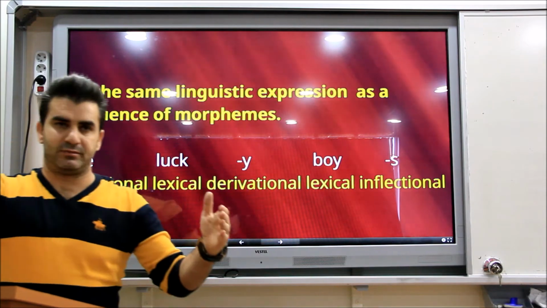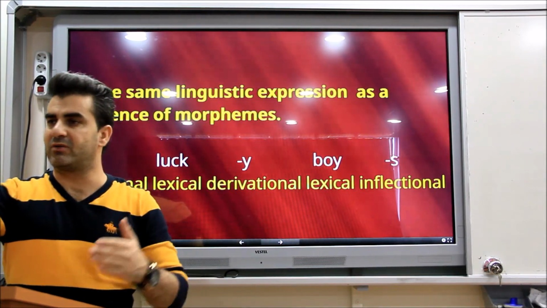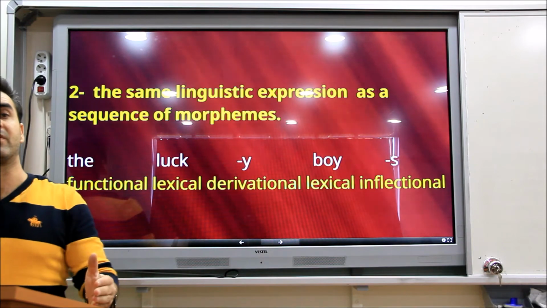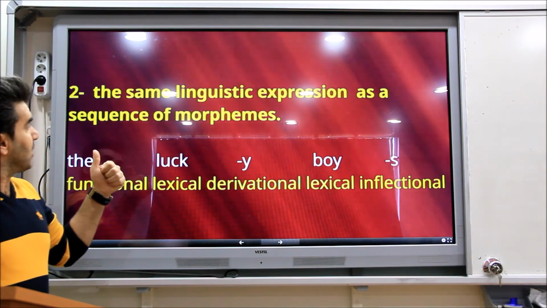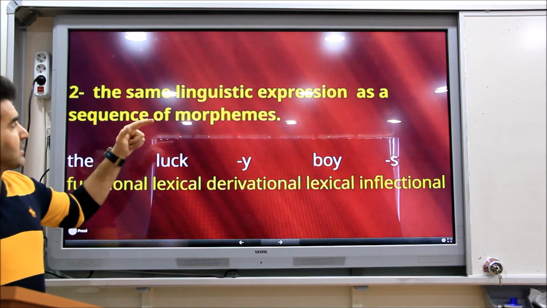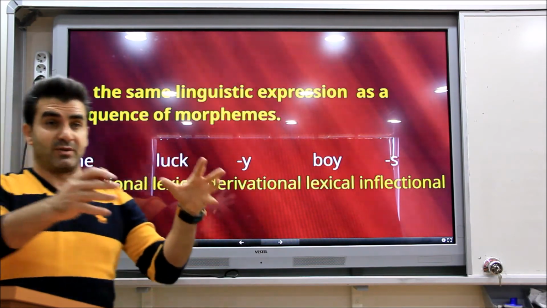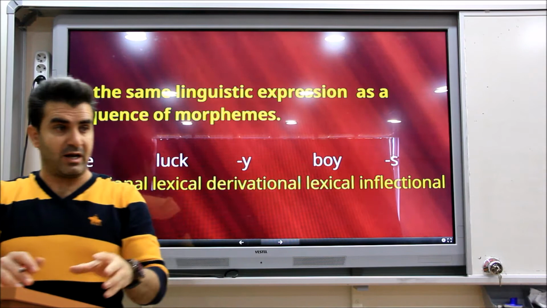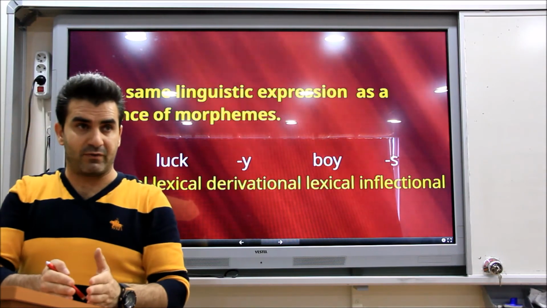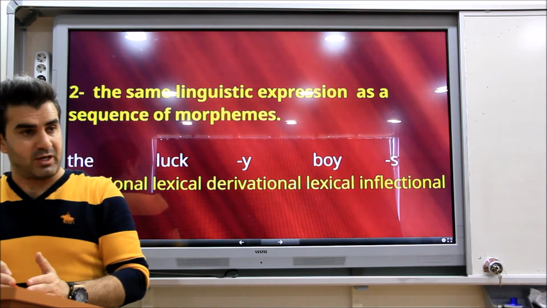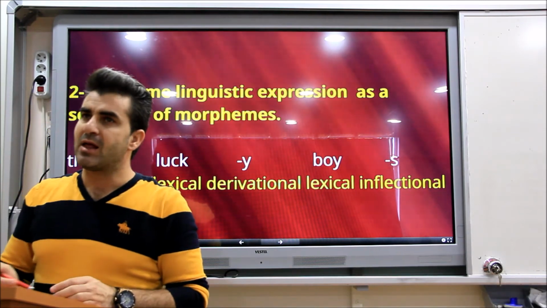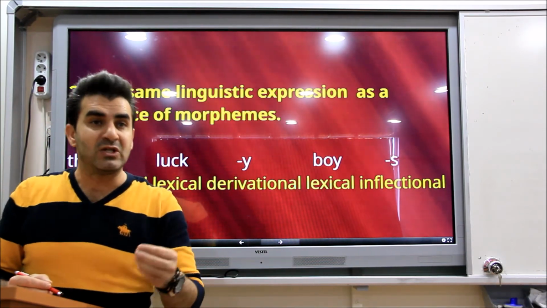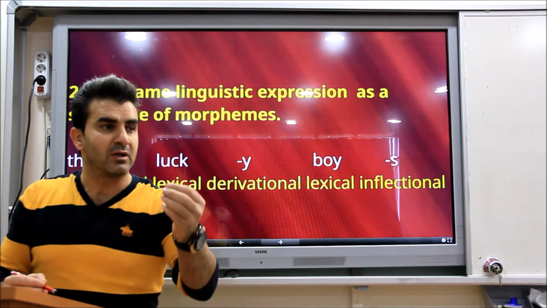And the other level, after looking at the characteristics of sound and being familiar with those characteristics and features, now we learned about the same linguistic expression as a sequence of morphemes. Remember morphemes? Now, okay, phones, phonemes, and morphemes. When we say morpheme, then we're talking about the internal structure of a word.